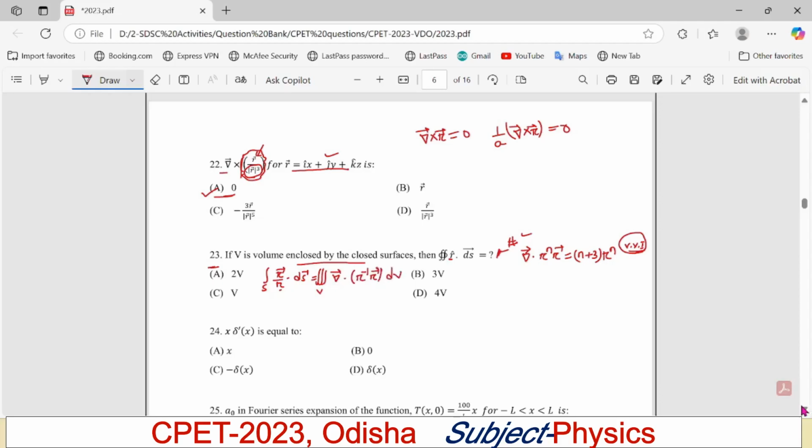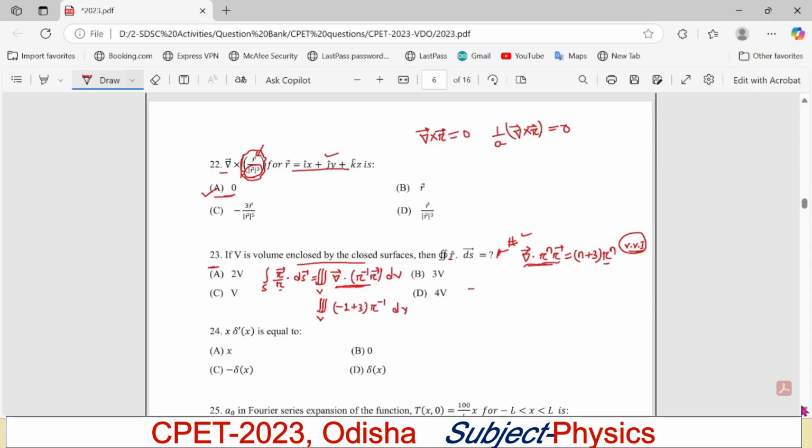Right. Now consider this one by using this formula. So here volume integration, if I consider this one by using this, it will be how much? n, here n is how much? Minus 1 plus 3 into r to the power n. r to the power n means r to the power minus 1 into dv.